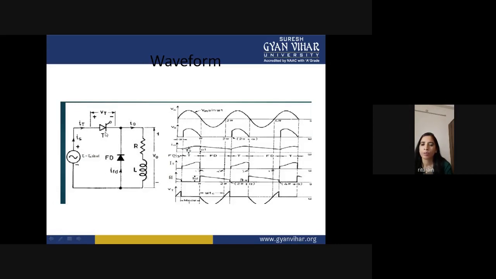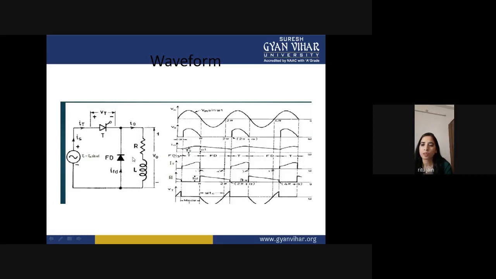Now when suddenly the SCR gets turned off at this point, what is happening? The thyristor will not change the direction of current, and the current will flow through this freewheeling diode because it is getting the path to flow the current.